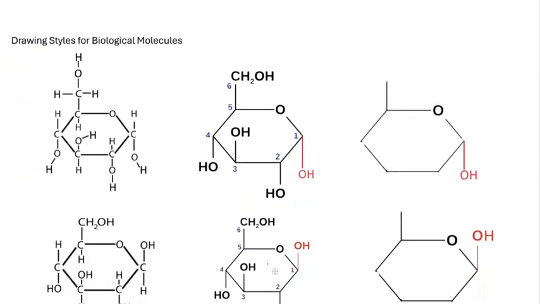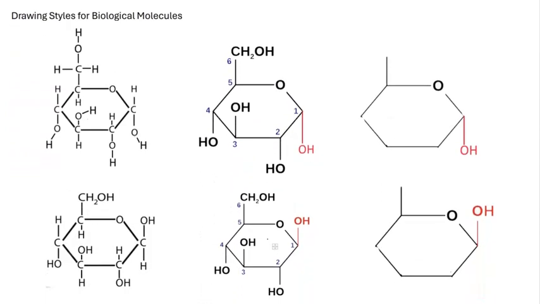As you can see, the drawing of the diagram starts to get rather complex. This is pretty much what we just drew, which is the alpha form of glucose. But in textbooks and in your reading, you may very well start to come across simplified forms.